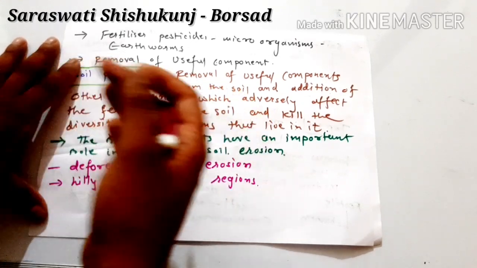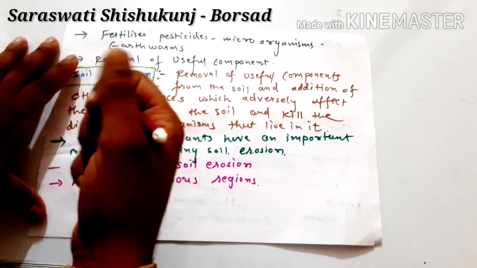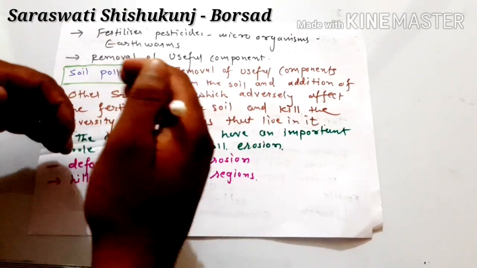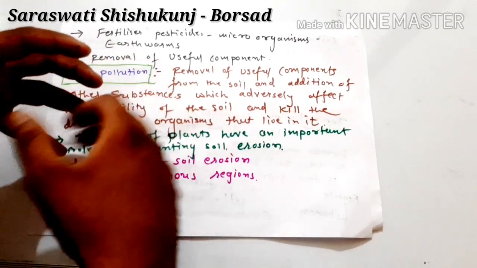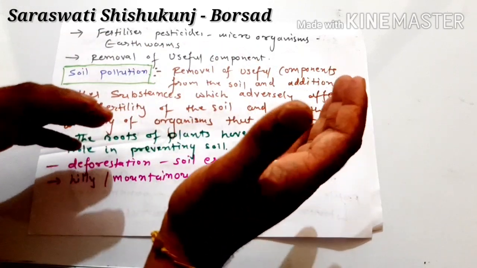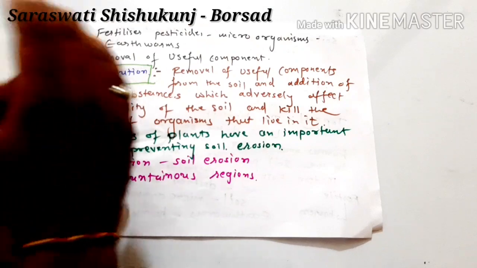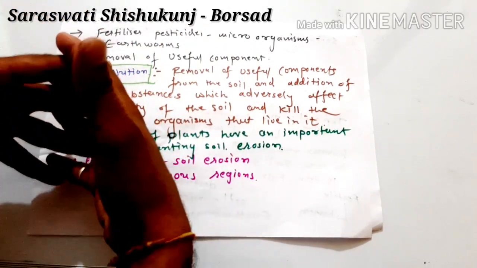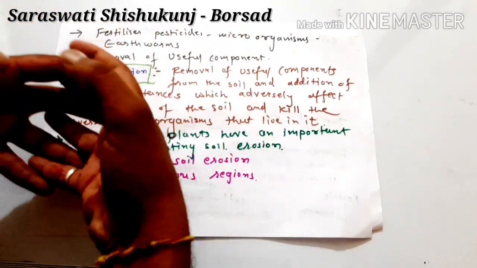Vegetation cover over the ground also has a role to play in the percolation of water into deeper layers. So simply, in soil pollution we are adding harmful substances, while in soil erosion we are removing the upper, fertile layer of the soil. Soil erosion is prevented only by more trees, because the roots bind the soil.